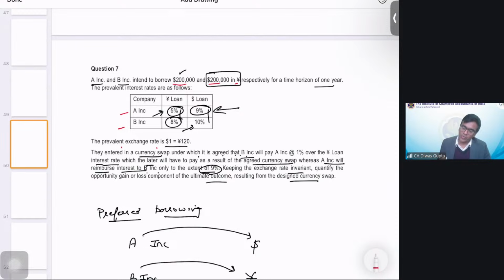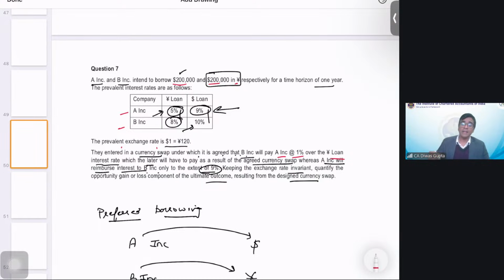They enter into a currency swap under which it is agreed that B Inc. will pay A Inc. at the rate of 1% over the yen loan interest rate, which the latter will have to pay as a result of the agreed currency swap.